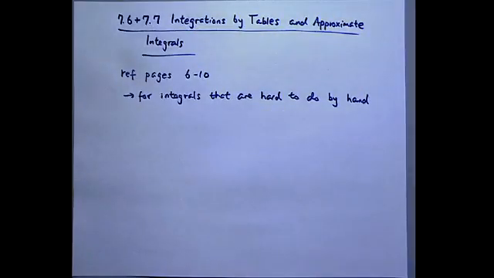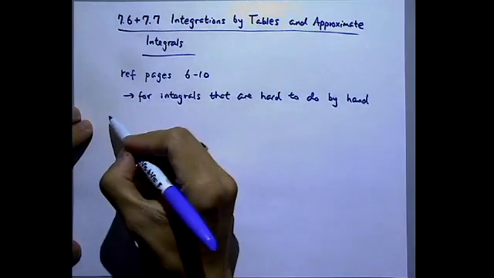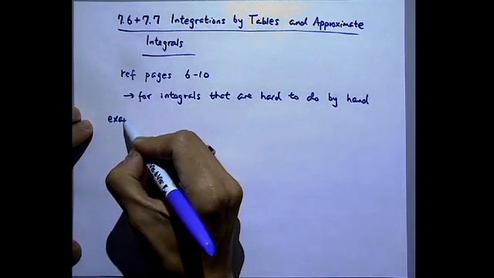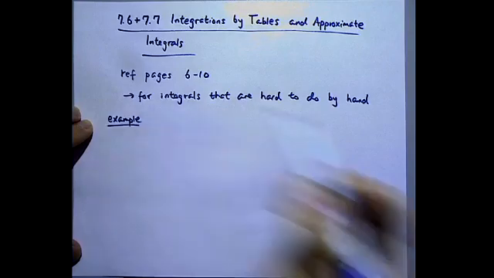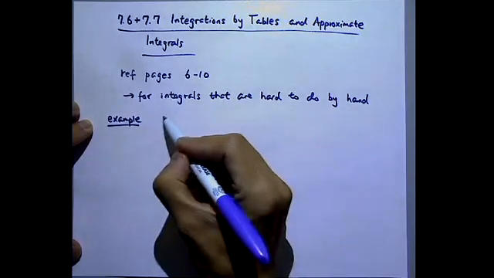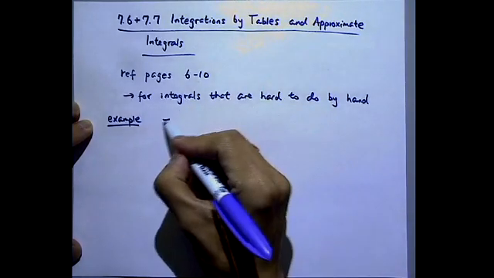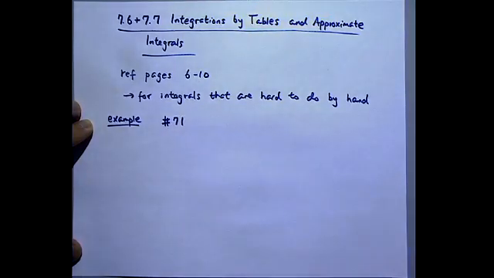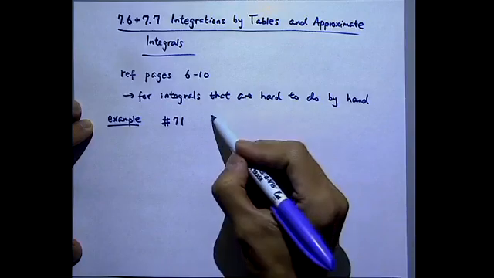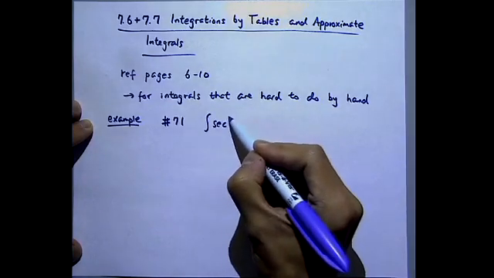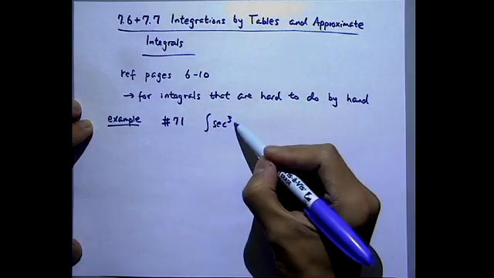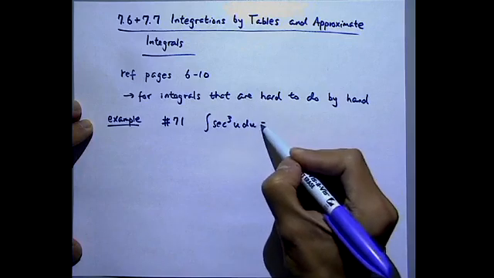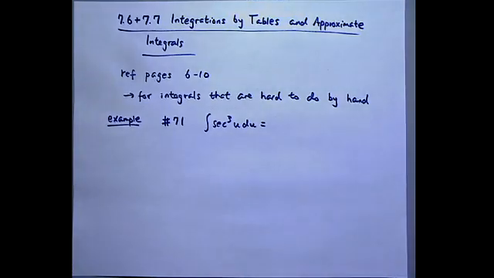Okay, so let's start with an example that we have seen before. Number 71 on that integral table is the one that you have seen a few times lately. Right, the integral of secant cubed.